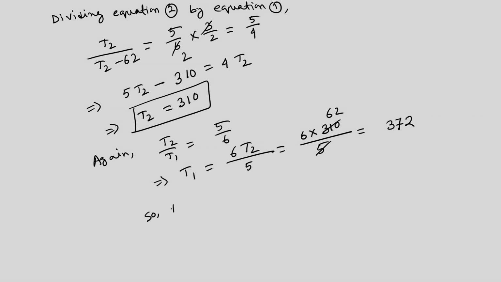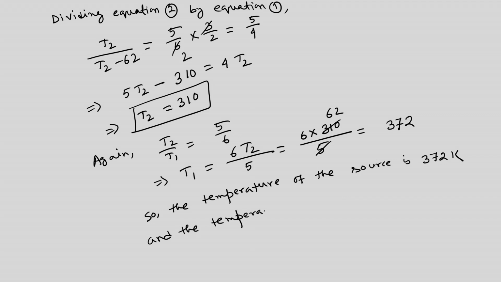So, the temperature of the source is 372 Kelvin, and the temperature of the sink is 310 Kelvin.